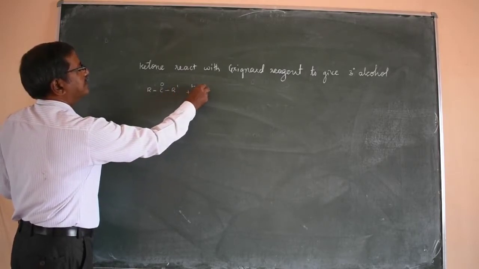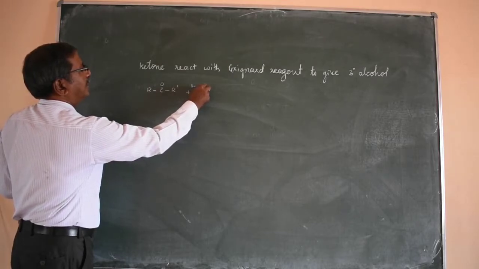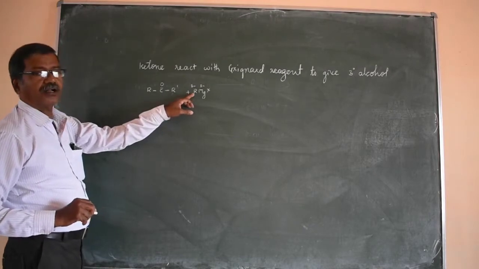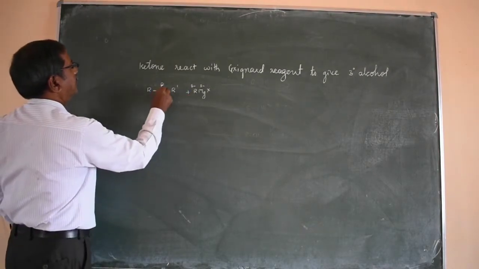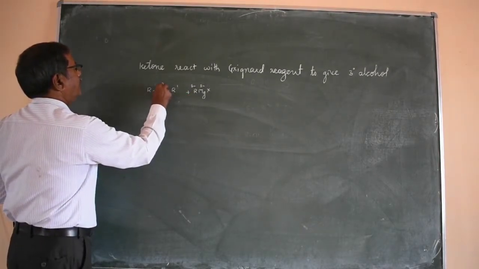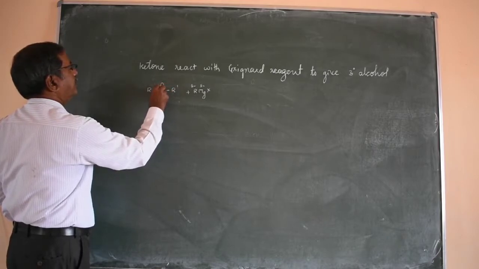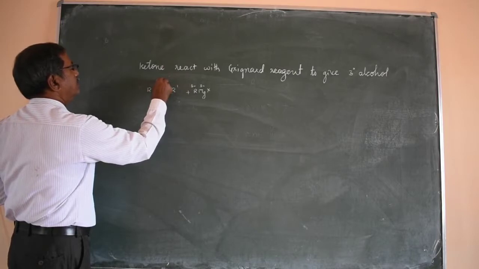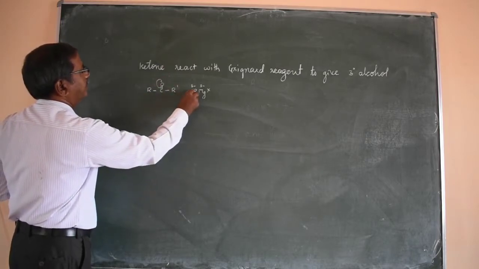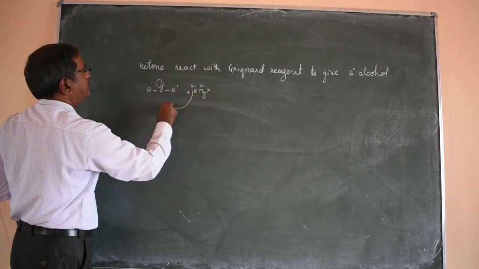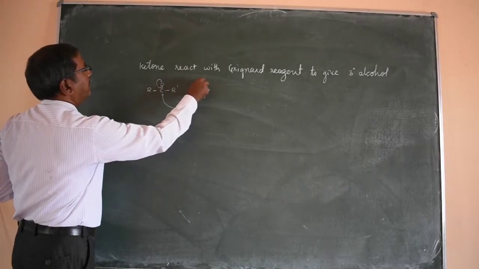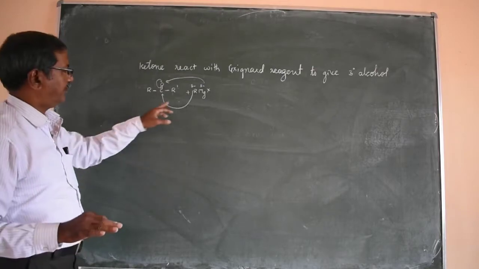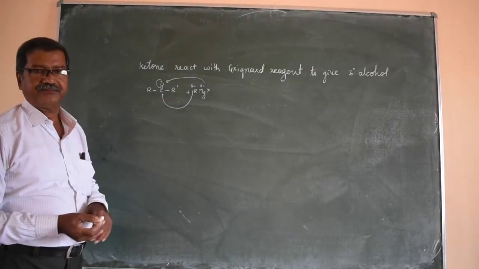We know magnesium is electropositive, and hence we have a negative charge on the R or alkyl group, and oxygen is electronegative. The pi electrons move towards the oxygen, so the negative part links to this carbon and the remaining part to this oxygen. No need to show these arrow marks in the examination.